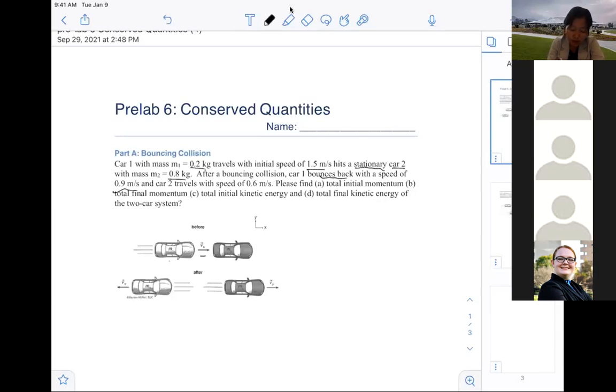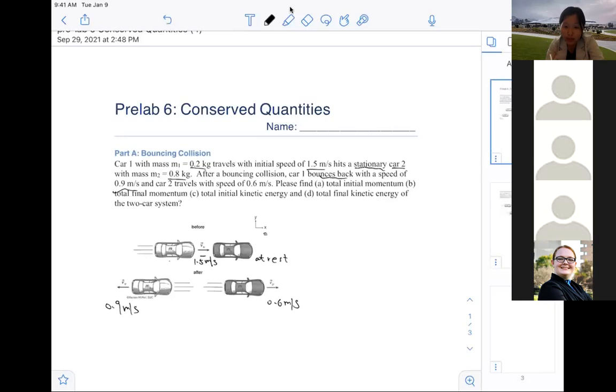Okay, so this one is 1.5. This one was at rest. This one bounces back, 0.9, and this one continued to go forward now with 0.6 meters per second. Okay, and the positive x direction is defined for us, it is to the right.